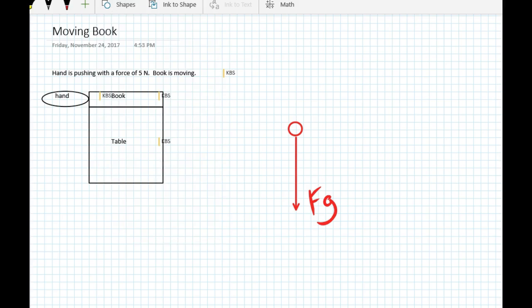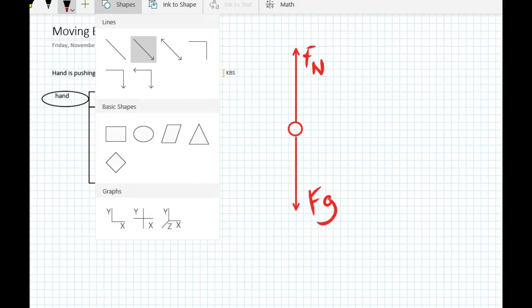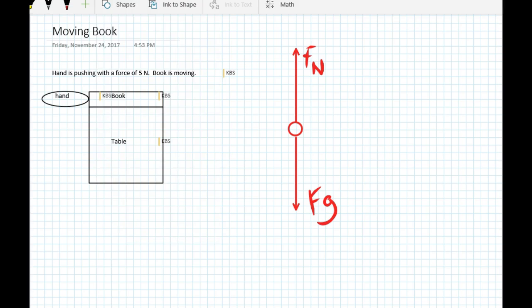Next, we have our normal force acting in the opposite direction. Okay, once again, those arrows are the same. This time, we have our applied force. The book is moving with the force of 5 newtons. So we're going to use an arrow to represent that. That's our applied force.